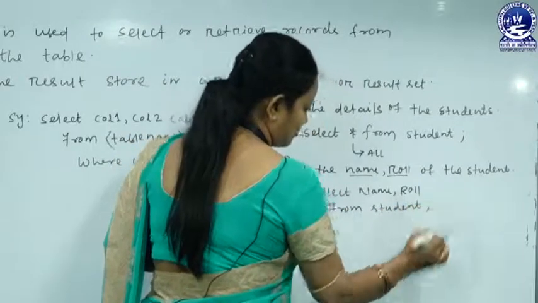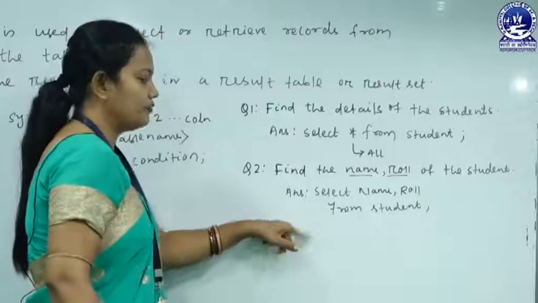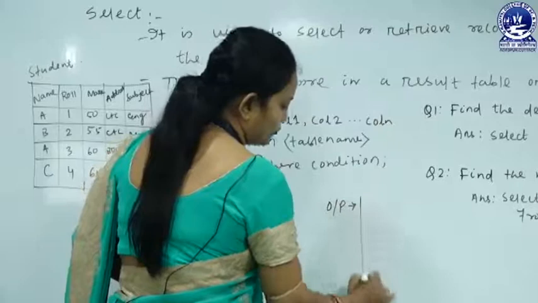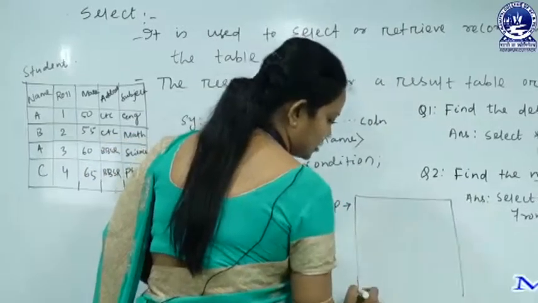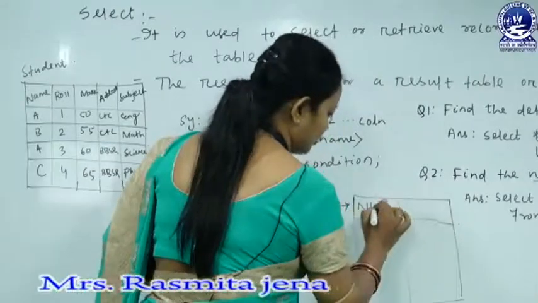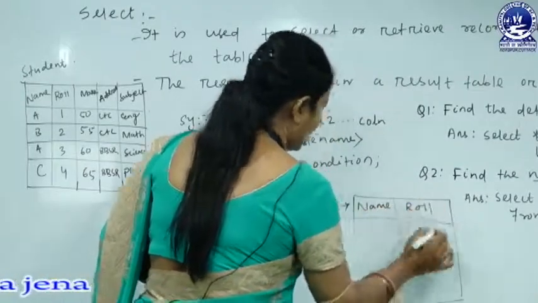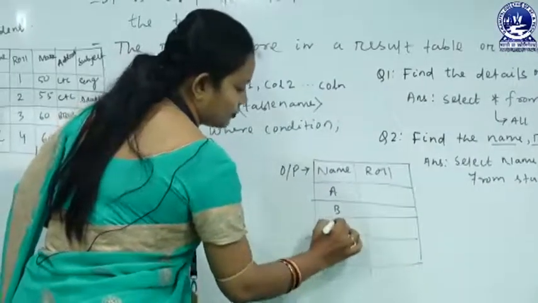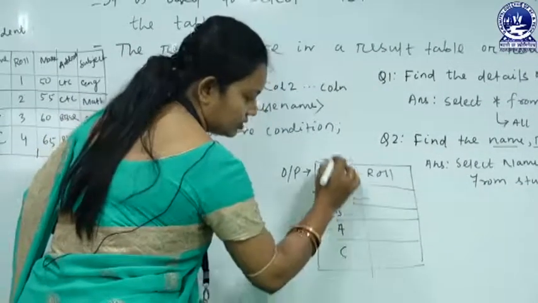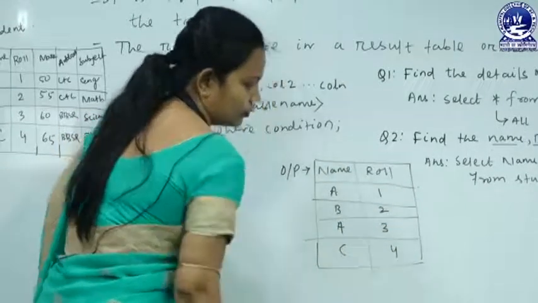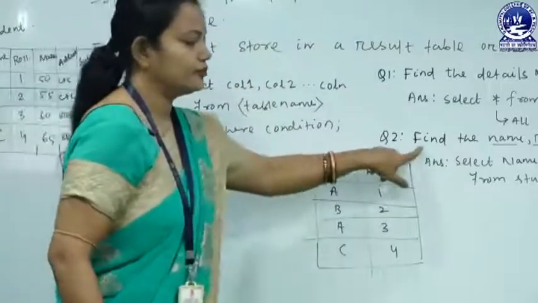Then after executing this SQL statement, what would be the result? It will display only two attributes from the student table, that is the name attribute and role attribute of all students. You can see this is the name of all students and this is the roll of all students. The output is A, B, A, C, the names of all students, and the roll numbers 1, 2, 3, 4. This is the result of this query.